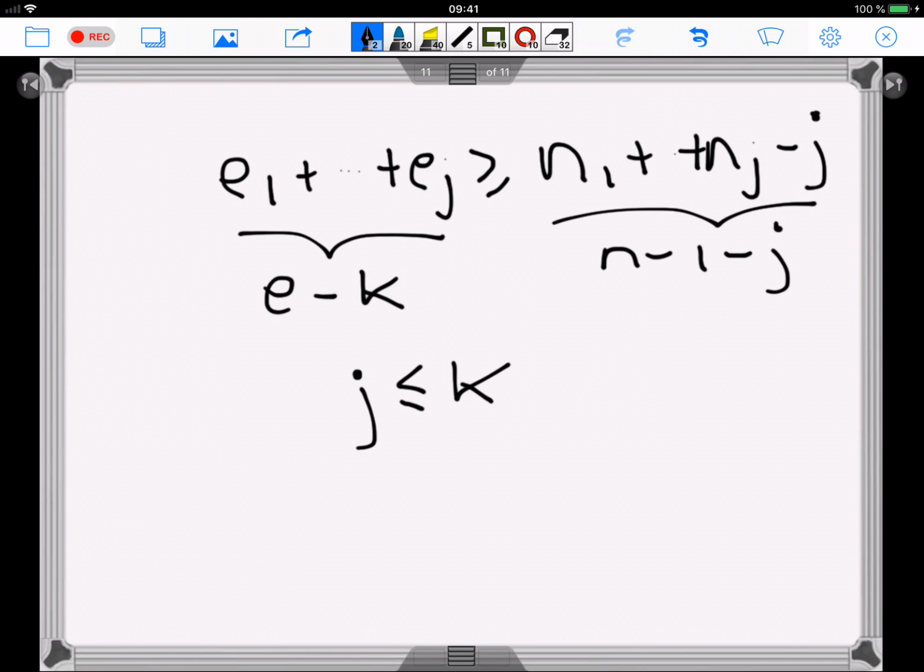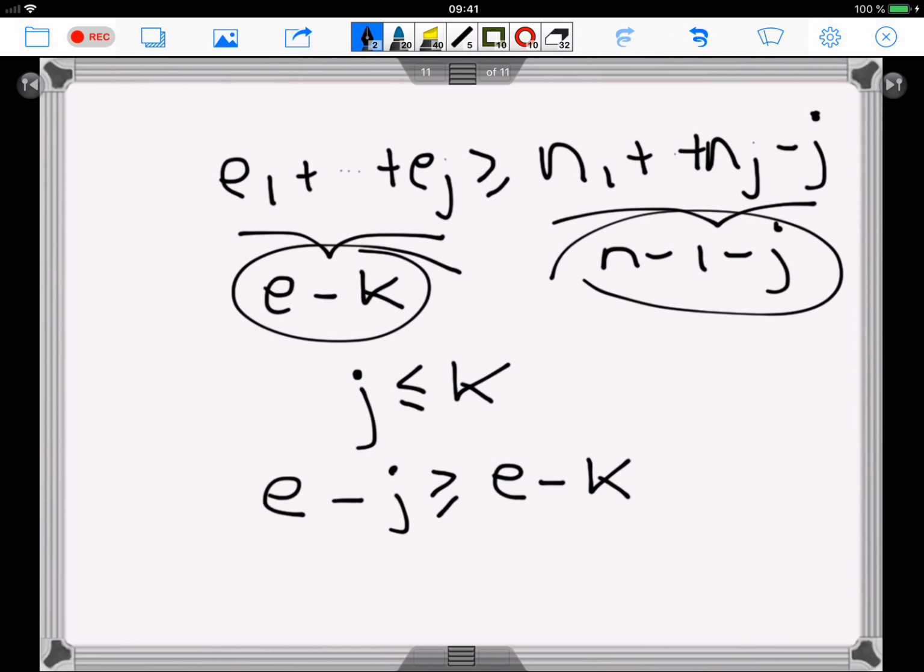Okay, but then minus j is at least minus k, and then if I add here e, I have that e minus j is greater than e minus k, and this we know is greater than or equal to n minus 1 minus j.